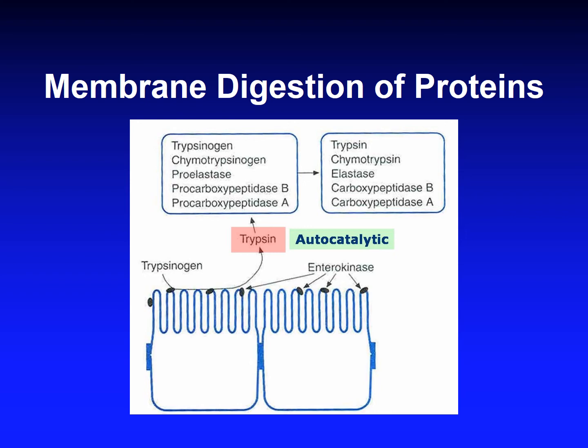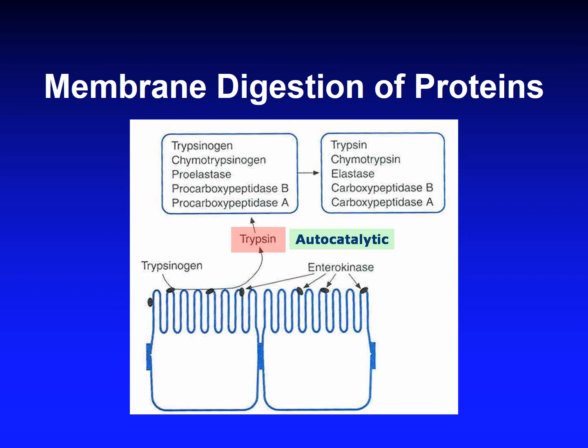What happens is these enterokinases activate trypsinogen to become trypsin, and when trypsin is present, it starts converting more trypsinogen into trypsin, more chymotrypsinogen into chymotrypsin, more proelastase to elastase, and procarboxypeptidase A and B to carboxypeptidase A and B.